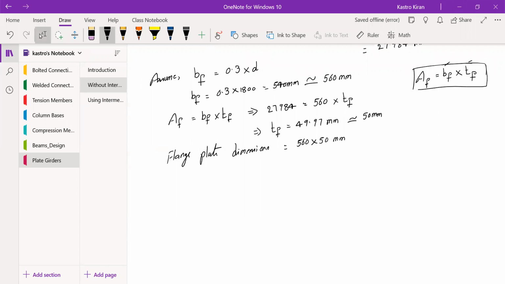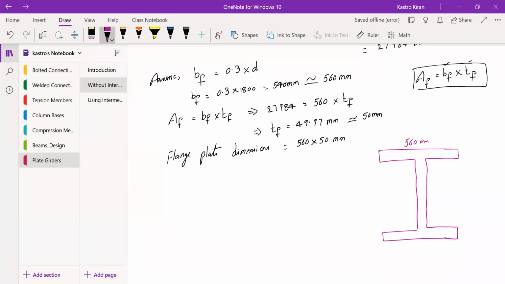So you have the I section dimensions. Based on these dimensions, you're going to draw the typical dimensions of the plate girder, that is the dimensions of the web and the dimensions of the flange. What is the width of the flange? It is 560 mm, and the thickness of the flange is 50 mm.